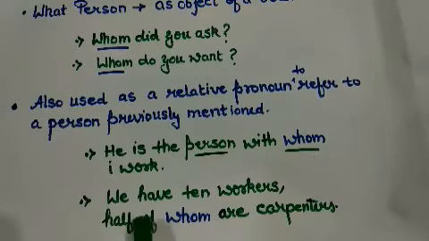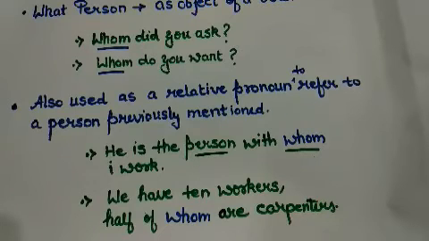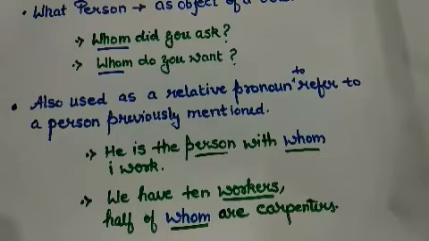Next: we have 10 workers and half of whom are carpenters. In this sentence I have already mentioned them, so whom is also used as a relative pronoun when we discuss a person already mentioned.